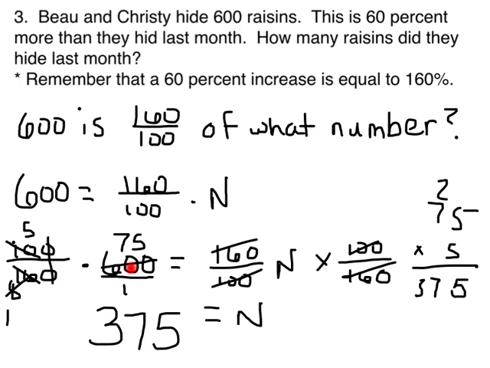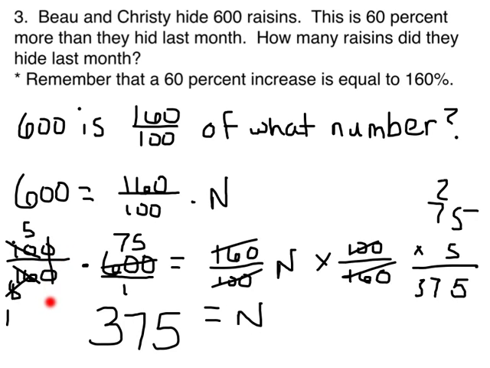Alright, and here, 160 and 600, I knew that both of those were divisible by 8. No, I'm sorry. First I reduced this fraction, 100 over 160, to 5 over 8.